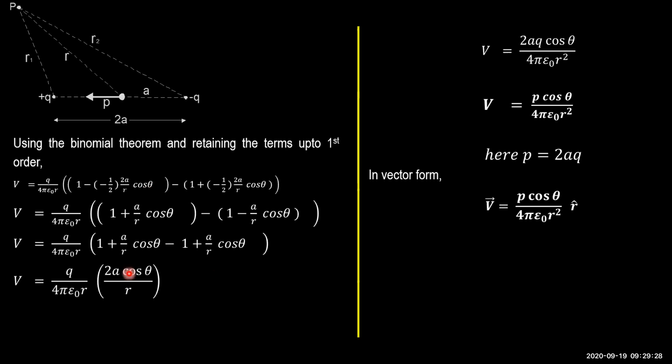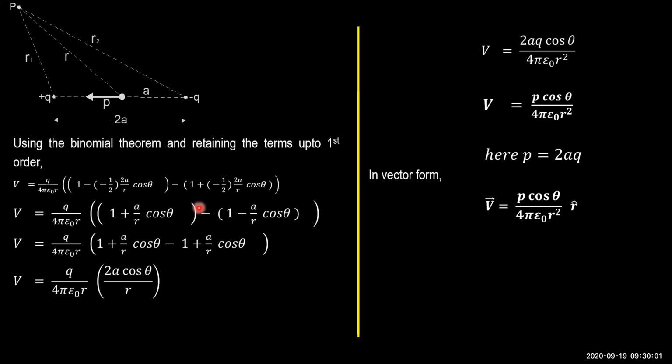Now the work is very simple. You simply multiply the signs: minus into minus is plus; here again plus into minus is minus. Then this 2 cancels, and only a by r will be left. Here also 2 cancels and only a by r is left.